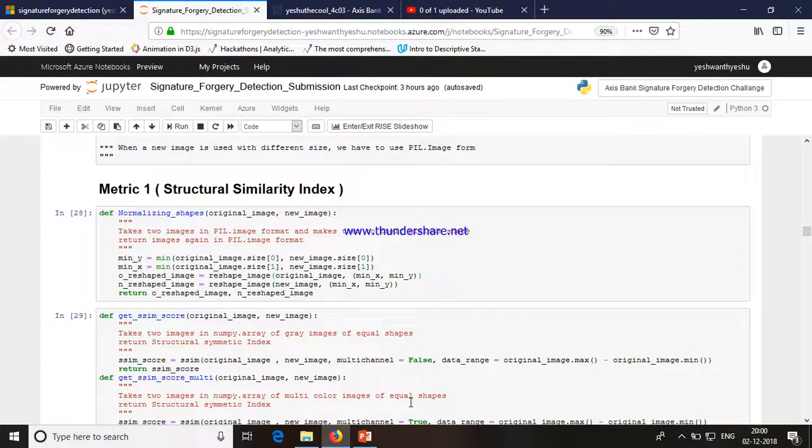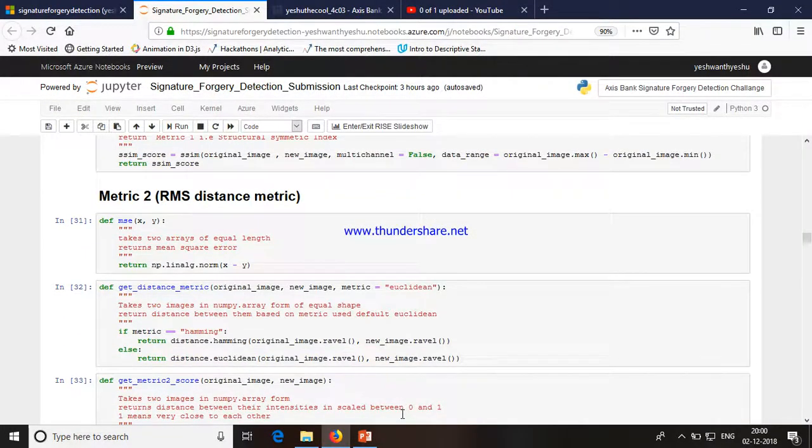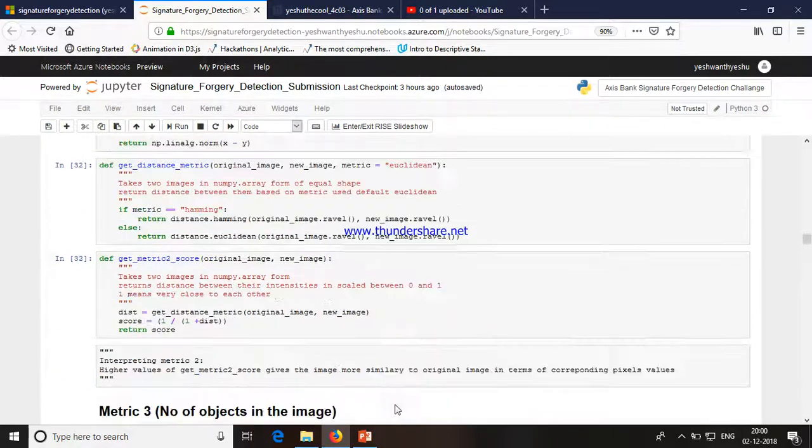It compares all the different objects in the images and gives us a score. The next metric is the root mean square distance. It is not really appropriate in this context of comparing two different images, but we still compute this distance metric.